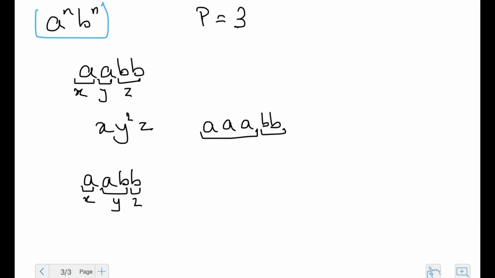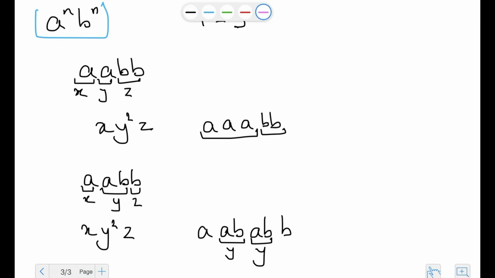So now what happens is, when I take x y squared z, I put x once, which is 1 a, then I need to put y twice, so I put y once, that's y the second time, and then the z, which is a single b. So this is my y and then y again. Now this string right here has completely broken the pattern itself, so this definitely does not belong to our language.